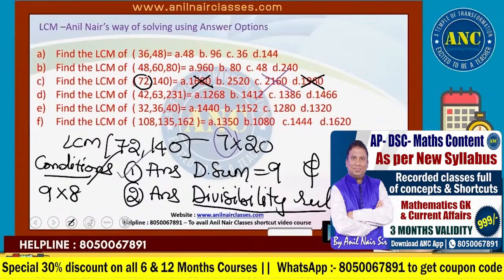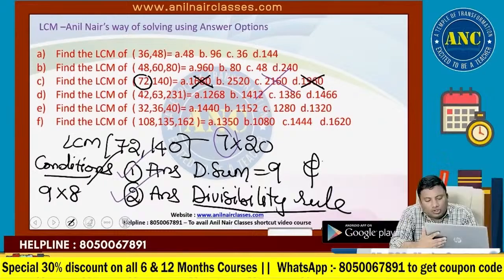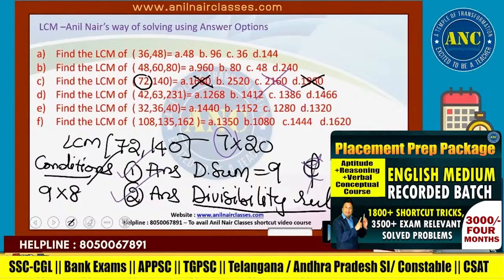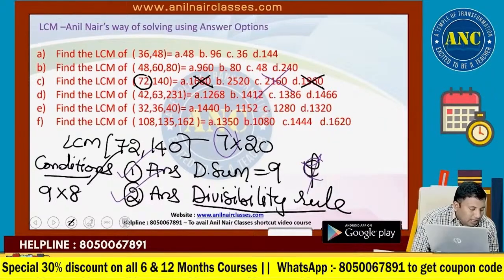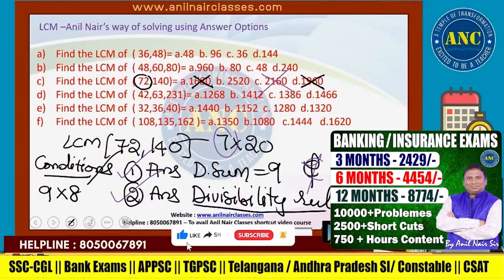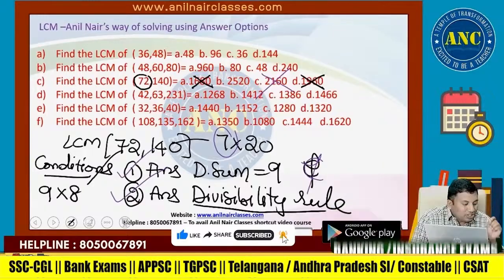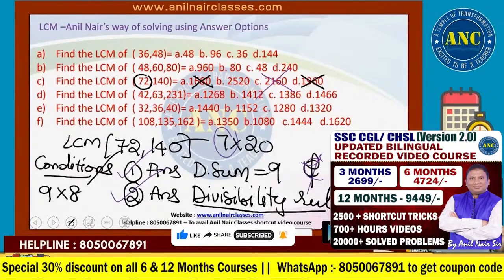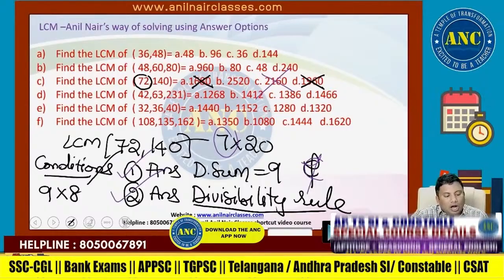Not only this, but also this too should be tested. I hope it is clear. Next one. Option E. Varun, your statement is incorrect. As per the LCM definition, we should check the divisibility rule also. I hope you got clarity.